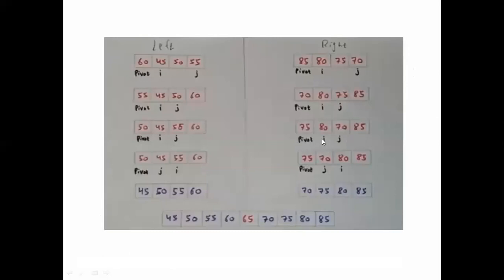Then check the condition of i and j. The condition is true, so swap the i value and j value: 70 here, 80 here.